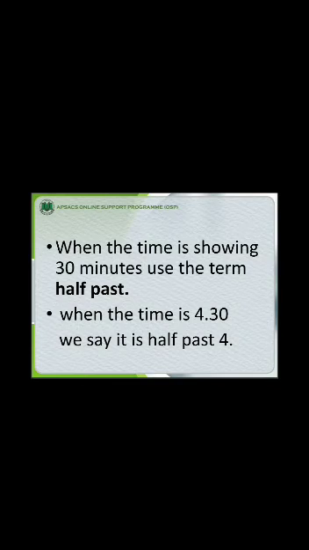When the time is showing 30 minutes, use the term half past. When the time is 4:30, we say it is half past 4. Similarly, when the time is 5:30, we say it is half past 5. When the time is 9:30, we say it is half past 9.